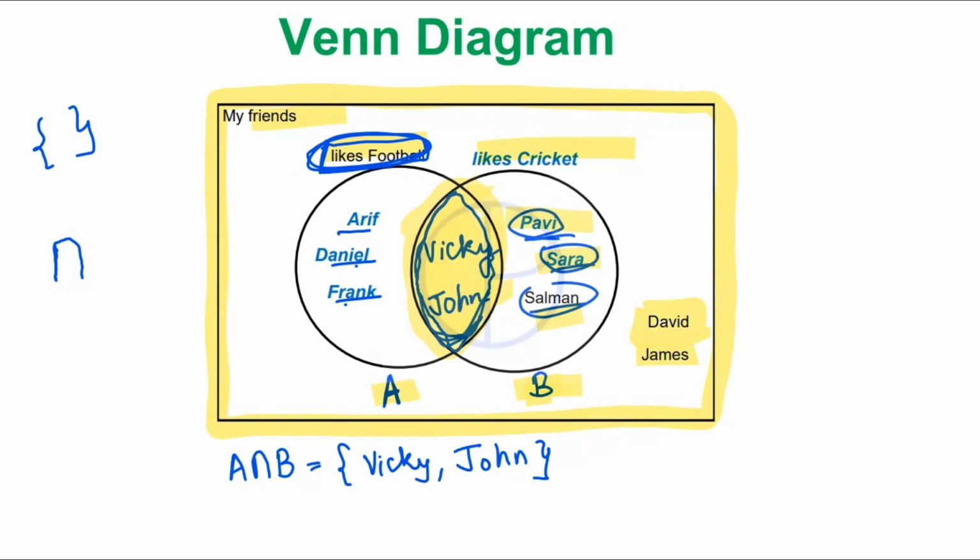Now, let me show you one other one, and that is A union B. So A intersect B is basically the overlapping part. This little set here are the members that are in both A and B. That's what this represents. Now A union B means give me all the members, called elements, of both A and B.